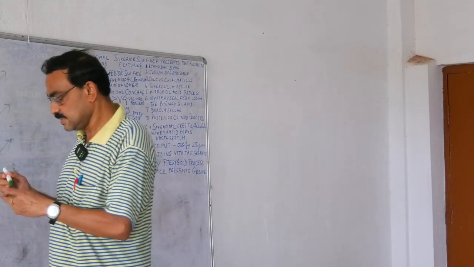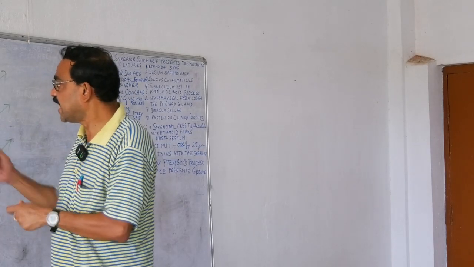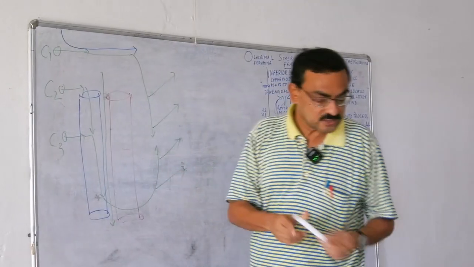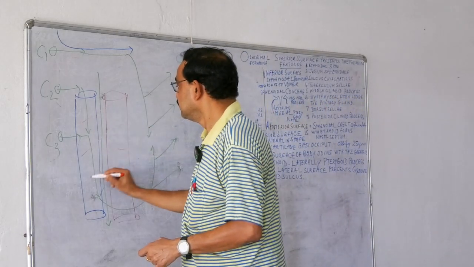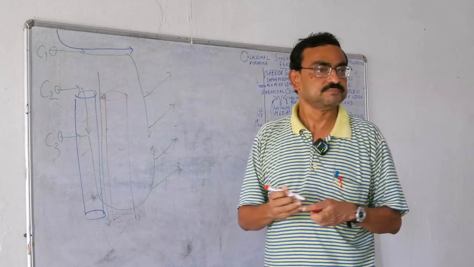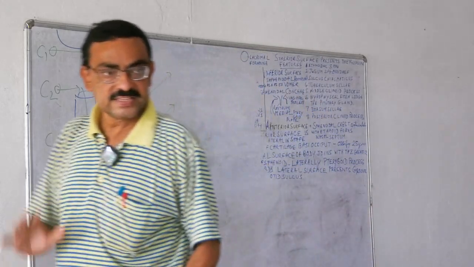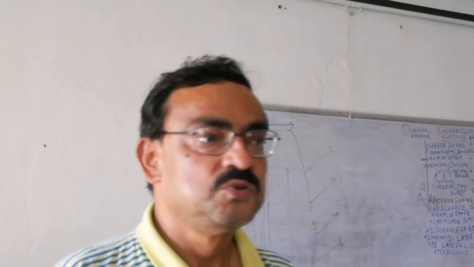And it is covered up with a what? It is covered up with a sheath. Nature has provided that sheath to protect these two great vessels, and there is a nerve in between.